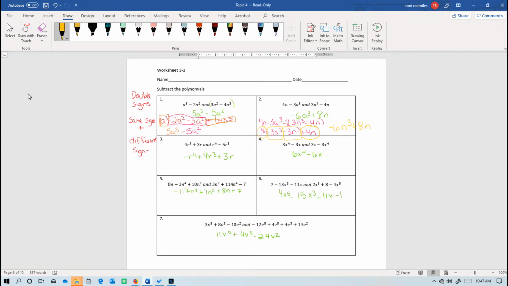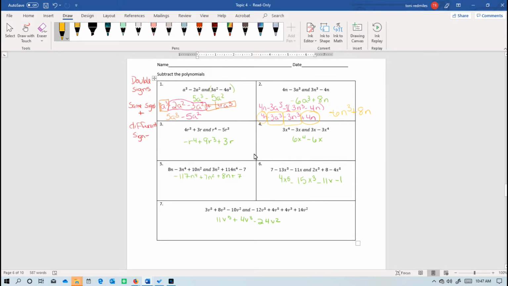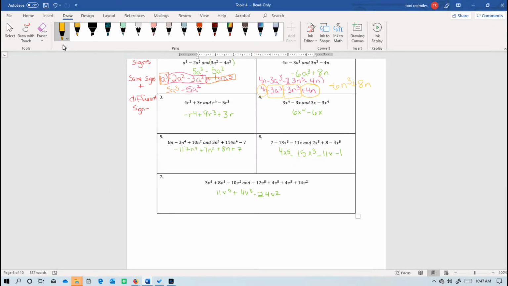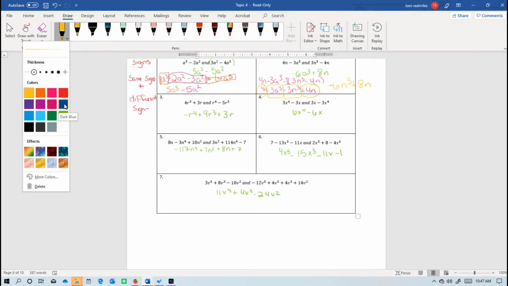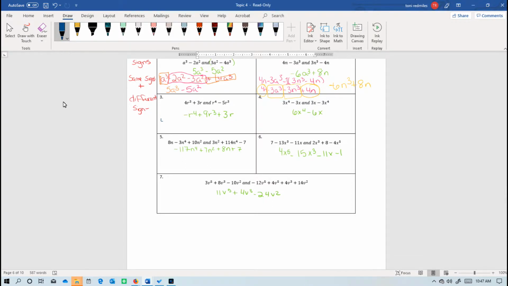All right. So the next one, doesn't matter which way you do it, okay, but you got to figure out a way to do it. I'm going to just keep flip-flopping the way that I do it. So in this one, I'm just going to subtract everything, clean up my double signs. So subtract the r fourth, and subtract the negative 5r third.